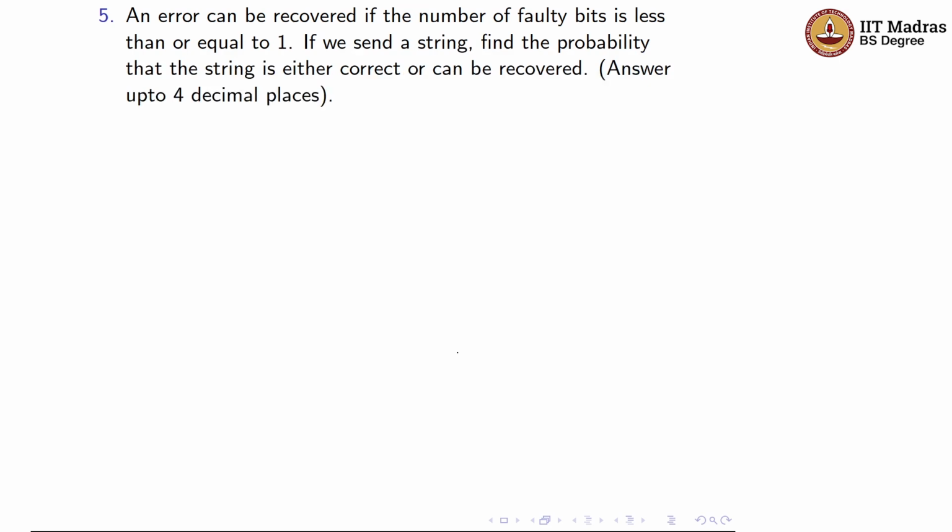Question number 5: An error can be recovered if the number of faulty bits is less than or equal to 1, which means X should be less than or equal to 1. Now, if we send a string, find the probability that the string is either correct or can be recovered. Suppose this is our required probability.